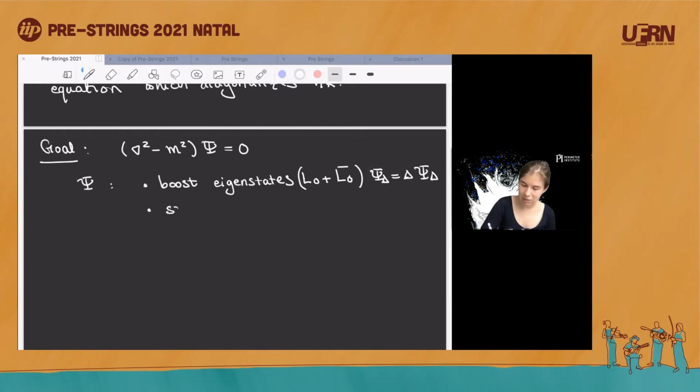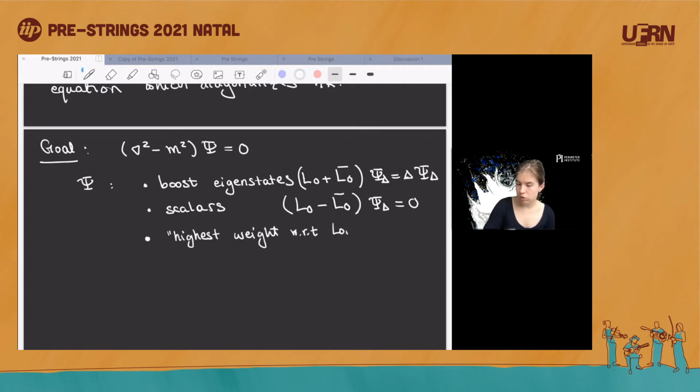They're scalars, which translates into the condition that the difference between L_0 and L_0 bar acting on psi_delta is equal to 0. And we also want to impose the condition that they are highest weight with respect to the Lorentz group. So this would be the condition that L_1 and L_1 bar annihilate these wave functions.